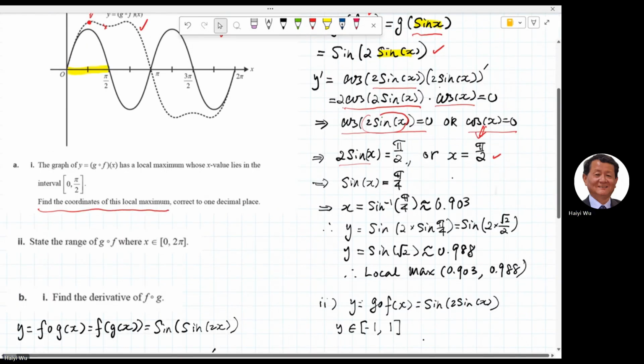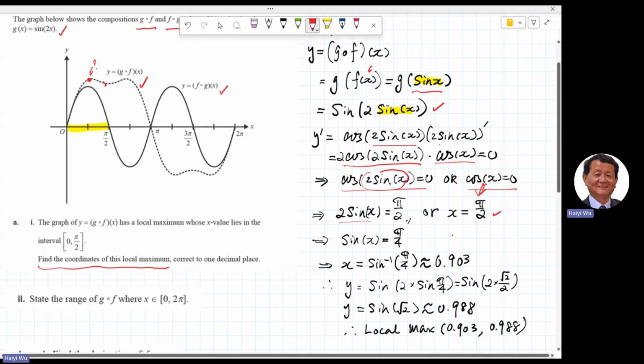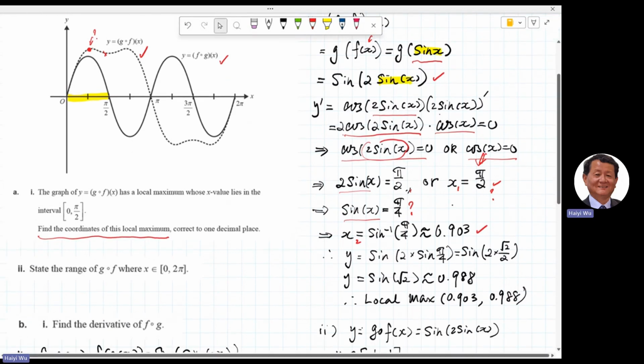So we have two answers. For this one, we need to find x, so we use the inverse sine of pi over 4. So x1 is pi over 2, x2 is 0.903. So which one is correct?